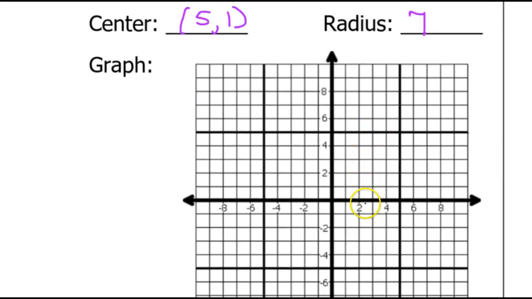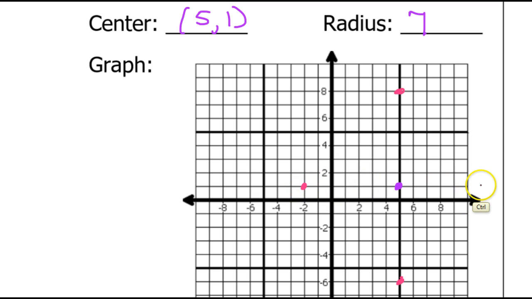So now I can do the graph. With the center at 5, comma 1, that's where I begin. Since the radius is 7, that's why I'm going to go up 7. And I'm going to go down 7. And I'm going to go left 7.